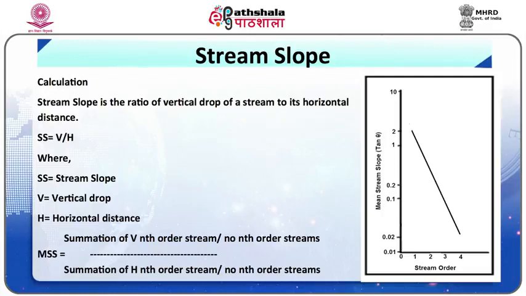The mean stream slope of any stream order is the average slope of that order. There are 5 steps to calculate mean stream slope. First, measure the vertical distance between the starting and end point of each stream in a particular order. Second, add all values and divide it with stream number of that order.